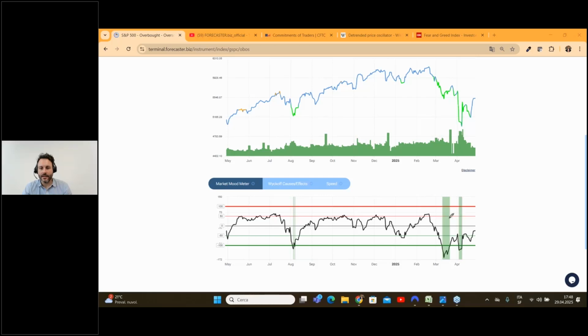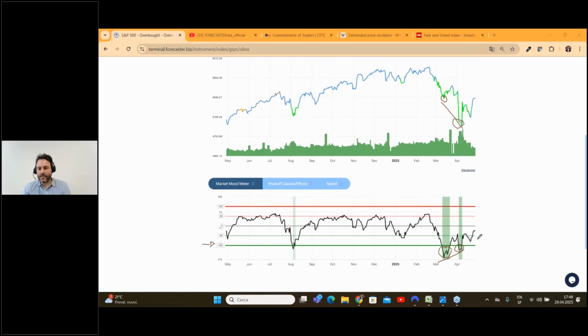As you can see, here we had, for example, a first important low with the indicator dropping below the minus 100 level. And then we started to have divergences between the indicator and prices. And this is what we are looking for.